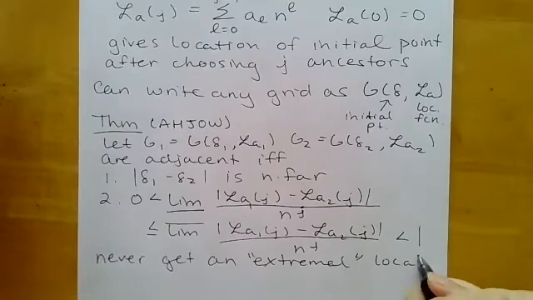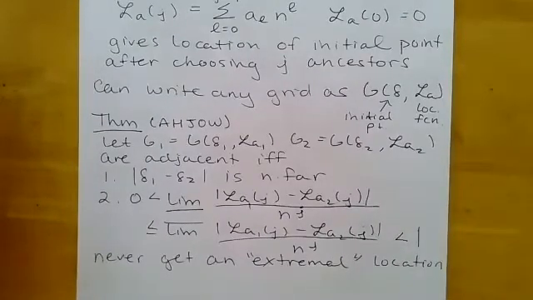An extremal location will correspond to cubes at the large scale lining up. We don't want these cubes to line up because we want to maintain this apartness, this spread-outness at the large scales, to avoid the problem that the standard grid has, where the 0 point will never be interior. So this condition captures that you never get these location functions being extremal, meaning that their normalized differences never hit 0 and never hit 1.